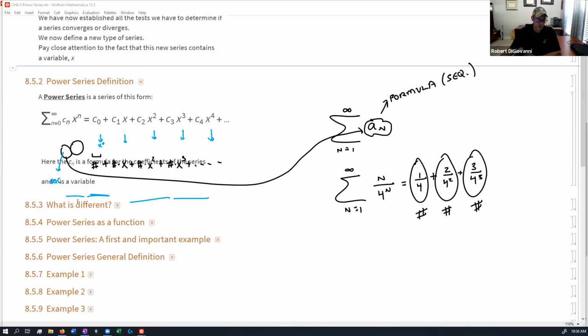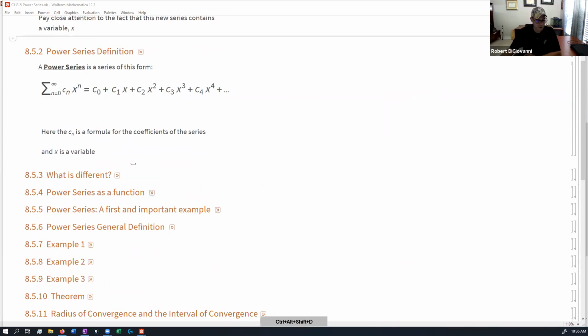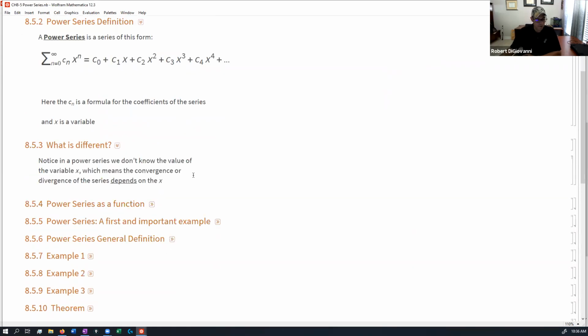What's different, obviously, is that in a power series, we do not know the value of the variable x. That's what makes a variable a variable. We don't know its value, which means the convergence or divergence of the series will depend on x.